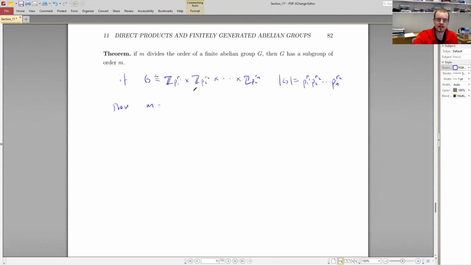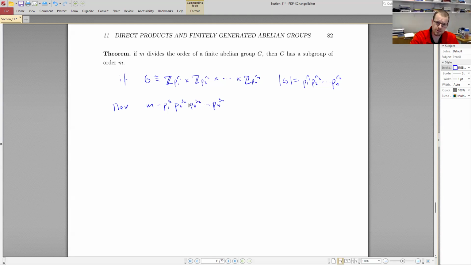And then in order to divide this, M has to be equal to, we'll call it, P1 to the S1 times P2 to the S2 times P3 to the S3, all the way up to Pn to the Sn. So it has to be some power of each of those. That power could be 0, of course. That's not an issue at all. And these do not have to be distinct either.